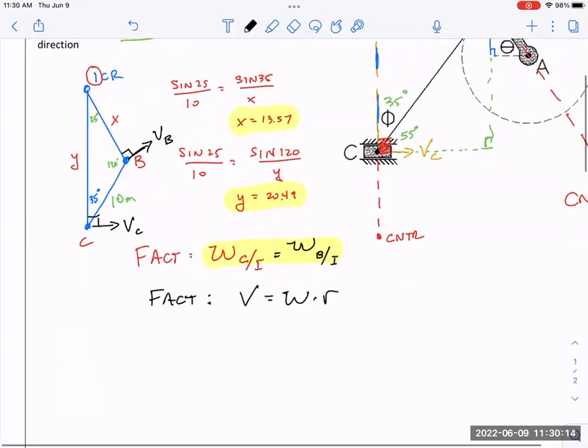Okay, so let's consider what's going on for that IB situation. Again, think of B as like an airplane flying around a point. What's going on with that guy?